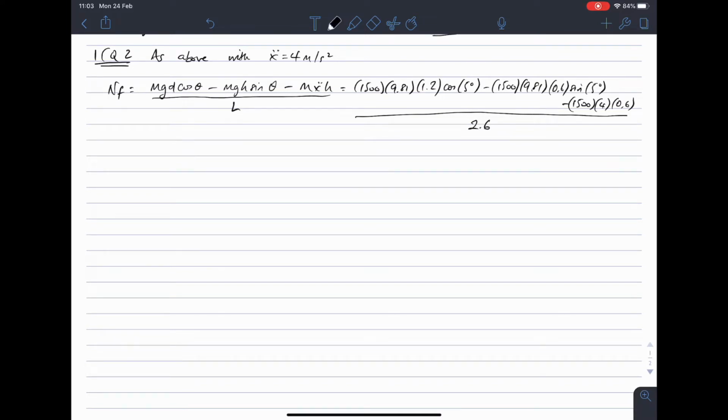And if you do that sum, 6,213, so you see it's gone down from before. And NR has gone up correspondingly.